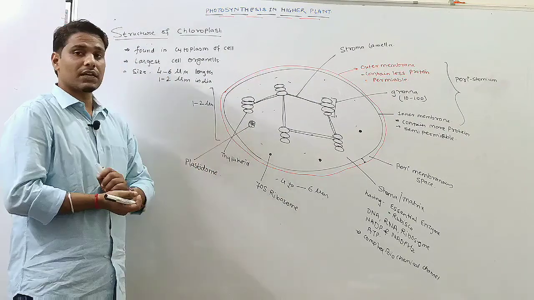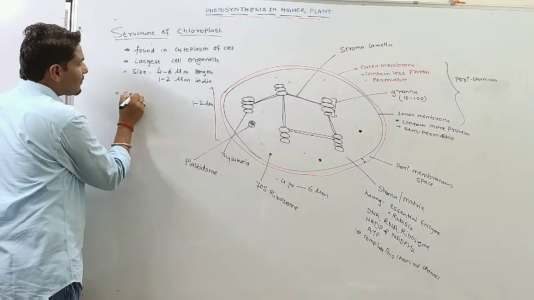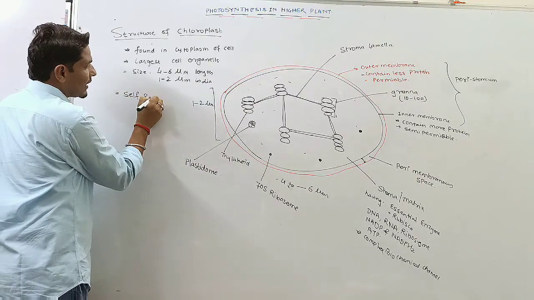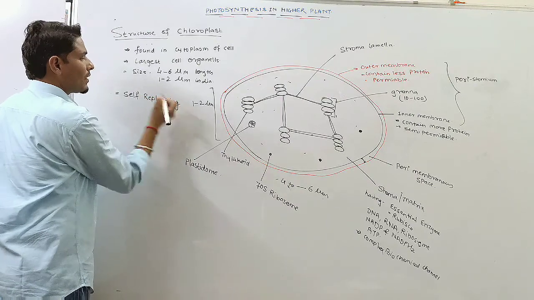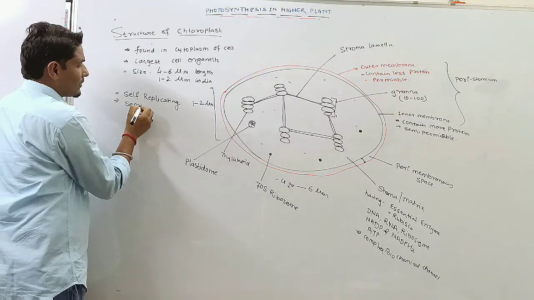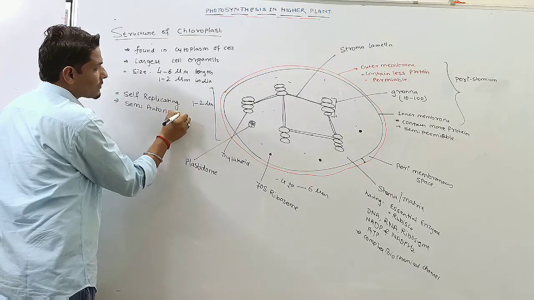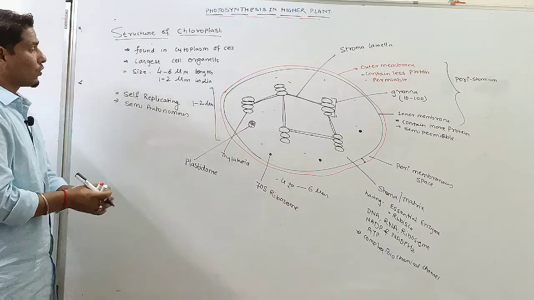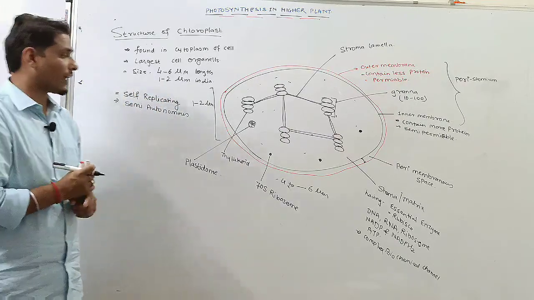Due to the presence of circular DNA, chloroplast is a self-replicating and semi-autonomous cell organelle. क्या है? Chloroplast is a self-replicating and semi-autonomous cell organelle.